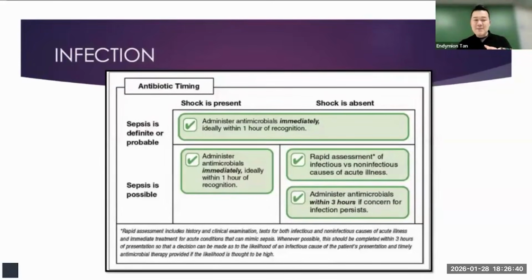If sepsis is possible, you stratify: is shock present or not? If there is shock, you administer antimicrobials within 1 hour. If shock is absent, you investigate, but if you plan to give, you still give it within the first 3 hours, because studies have shown that if you delay it for more than 3 hours, the mortality and morbidity will increase.